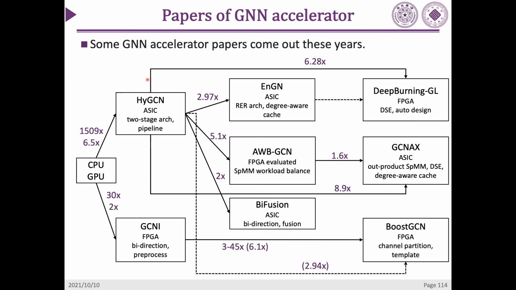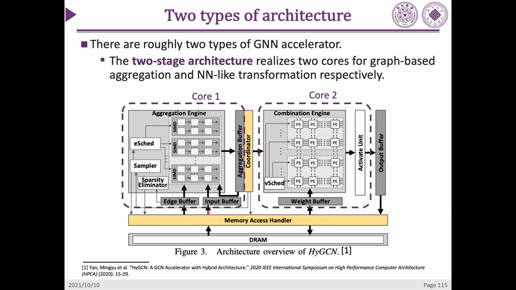That means this one has this number of speedup compared with this one. So it's a very interesting relationship. But there are roughly 2 types of GNN accelerator.